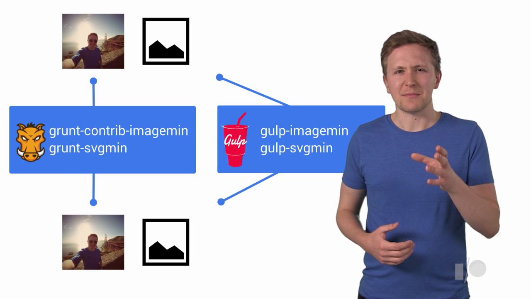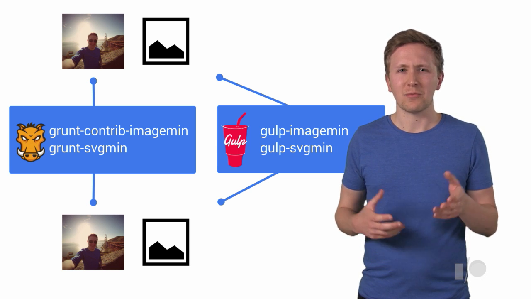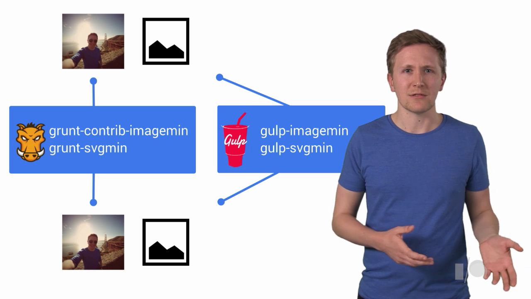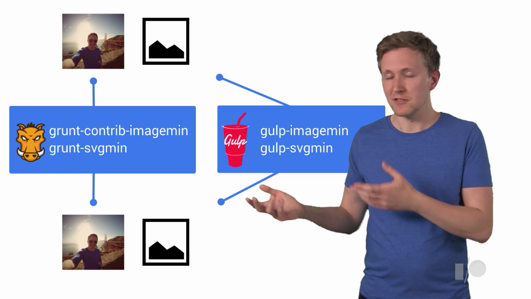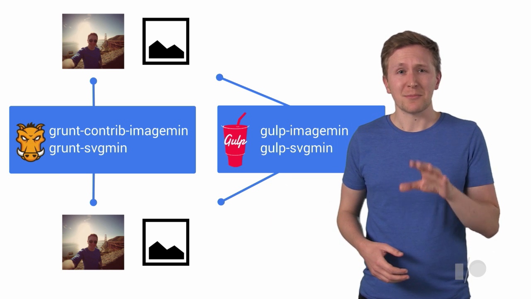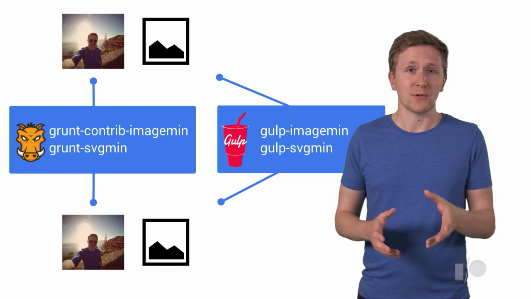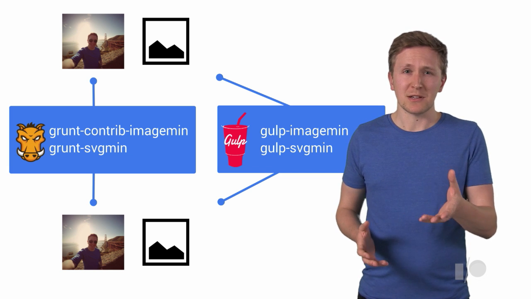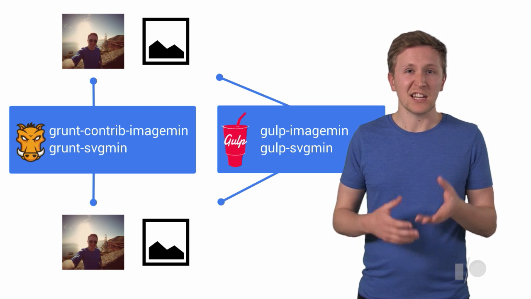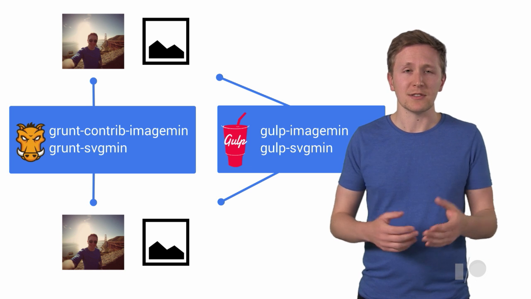And when I say it strips out metadata, I mean things like which camera was used to take the photo. It's not needed for a browser to render the image, so just get rid of it. So to add this to your build process, use ImageMin for raster images and SVGmin for vectors. And SVGmin will strip out white space and any unnecessary tags and attributes from your SVG files.